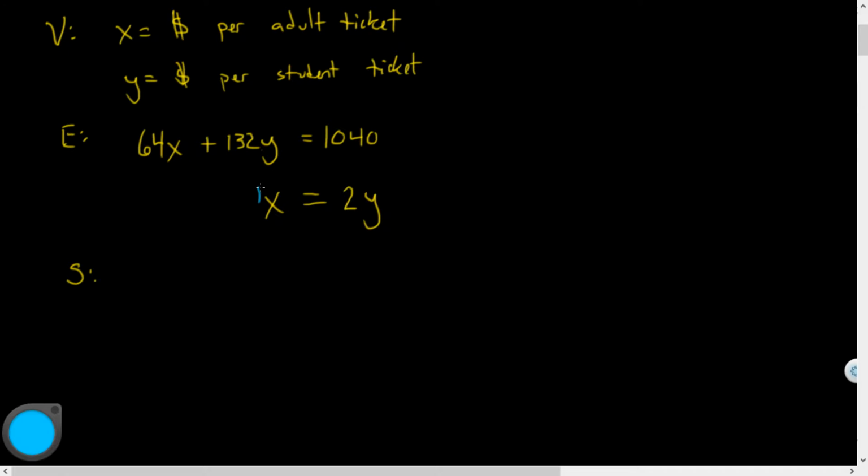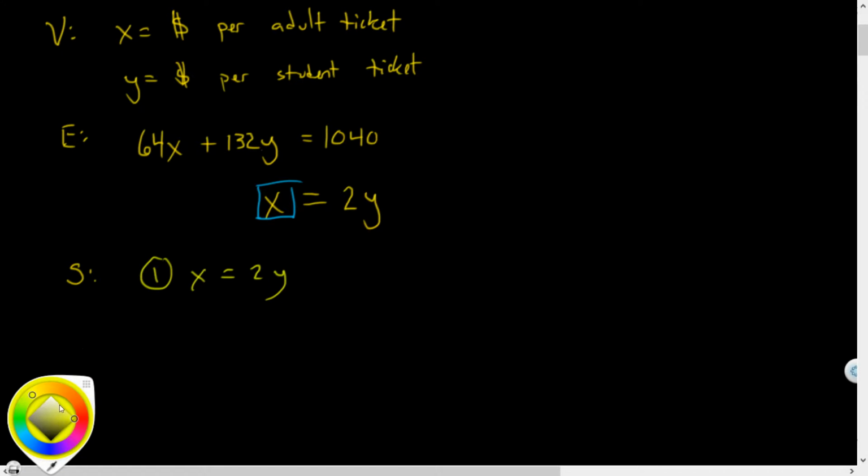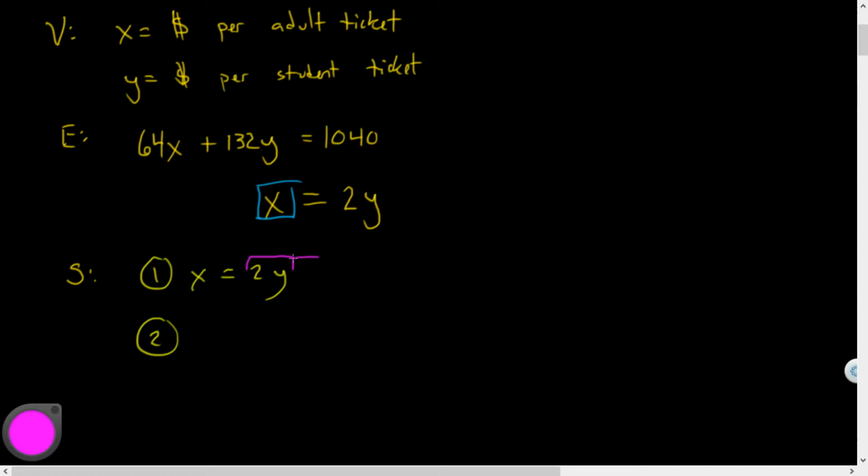The x with nothing in front of it. So when I solve, my step 1 is solve this for x. It's already solved for x, so I'm going to say x equals 2y. Step 2, I substitute. So I'm going to take this 2y and plug it in for the other equation's x.